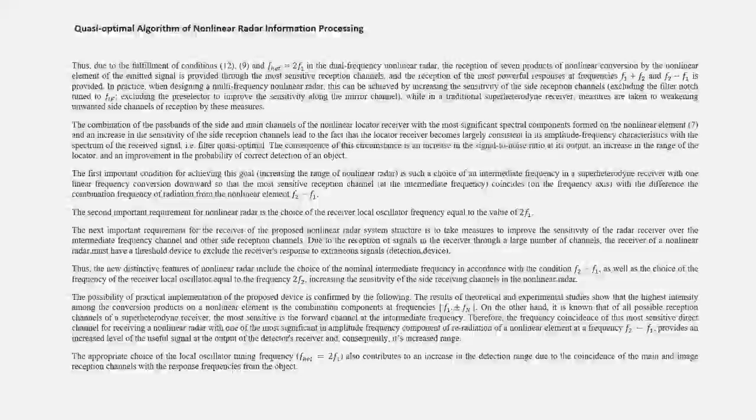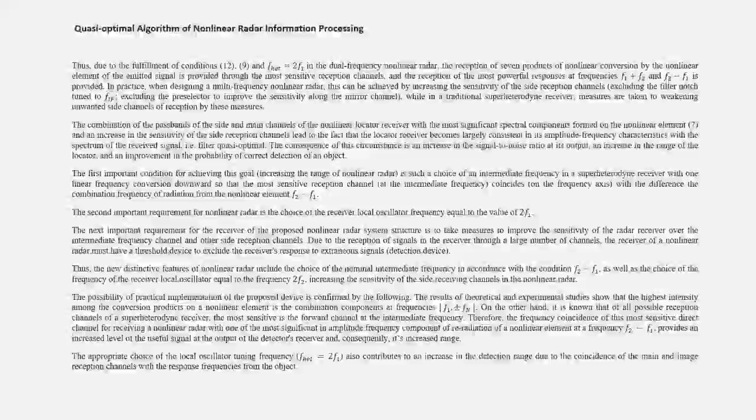The first important condition to achieve the goal of the commutation of passbands is such a choice of intermediate frequency in a superheterodyne receiver with one linear frequency conversion downward, so that the most sensitive operation channel coincides with the difference combination frequency of radiation for the nonlinear element, f2 minus f1.